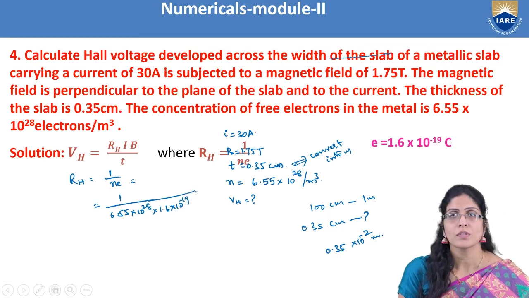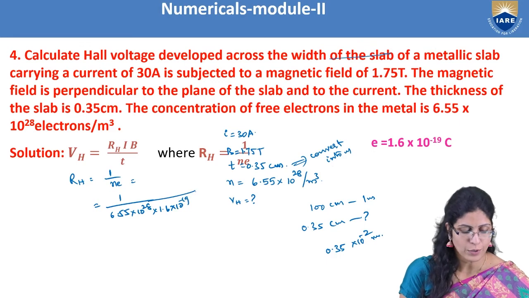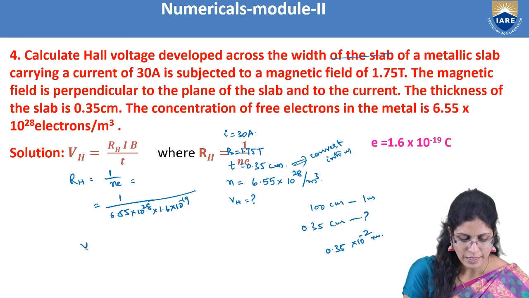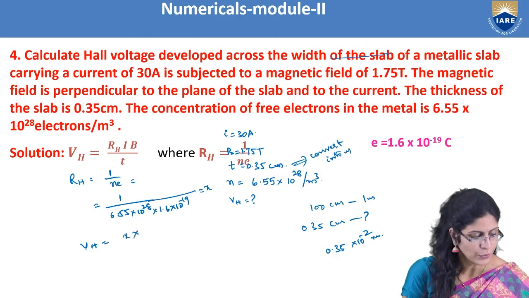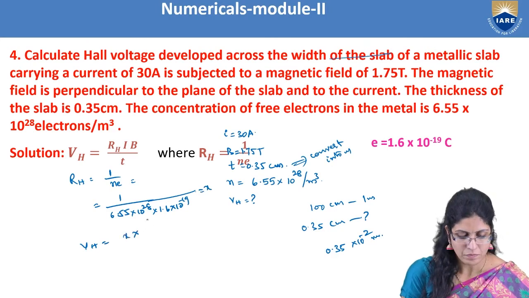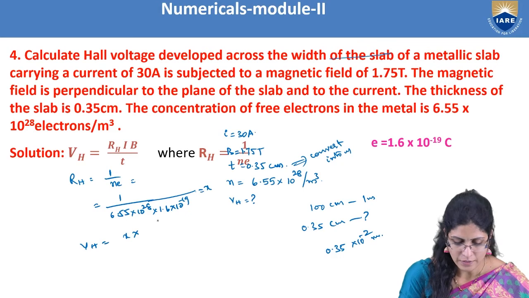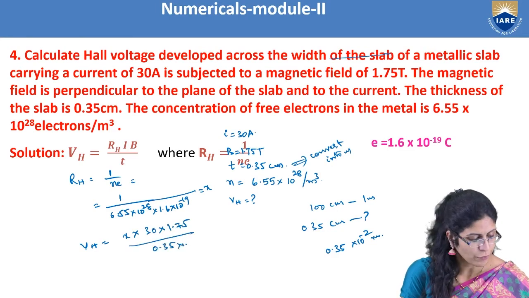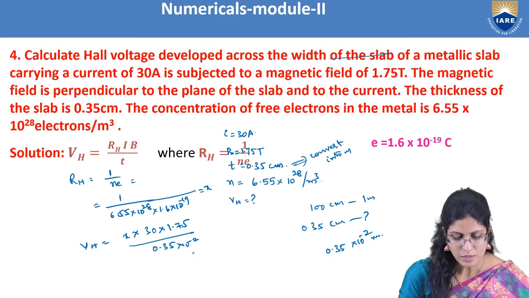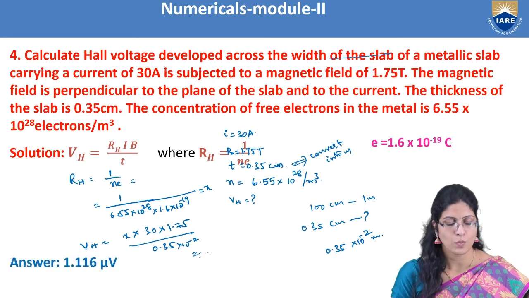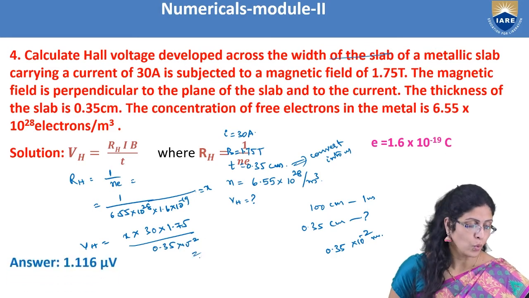Okay, so whatever RH you get, substitute it there. So VH is equal to some X. X into I, which is 30, into B, which is 1.75, by T, which is 0.35 into 10 to the power of minus 2. So this is what you need to do, and you will end up at 1.116 microvolt.